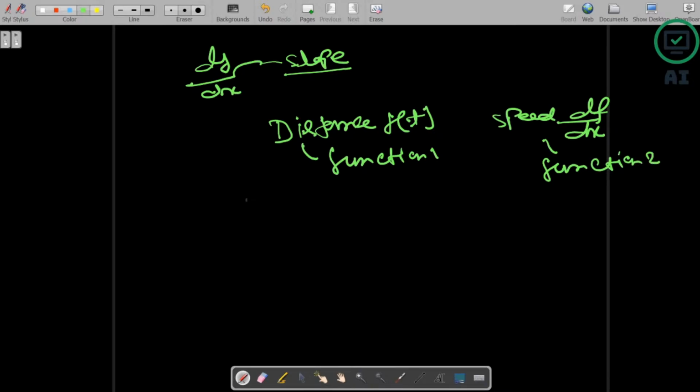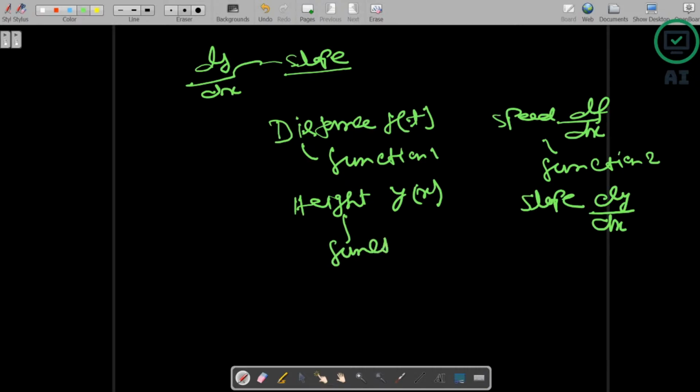Similarly, take one more pair of functions, which is height, which is y(x), and slope, which is dy by dx. So this is again function 1 and function 2.